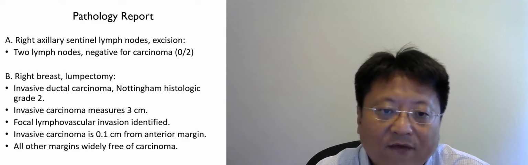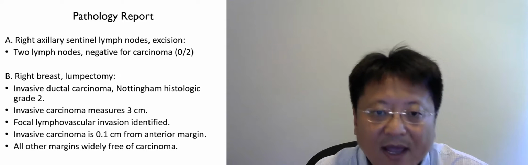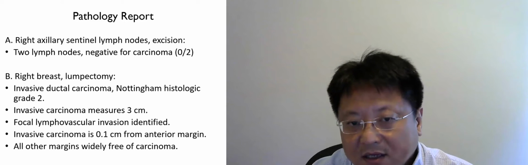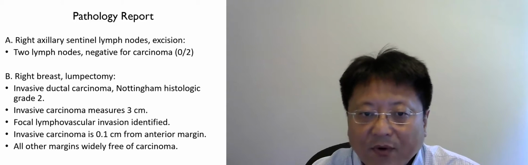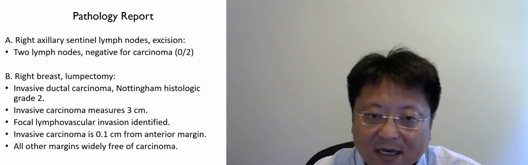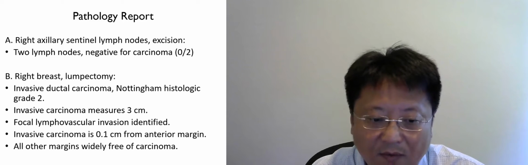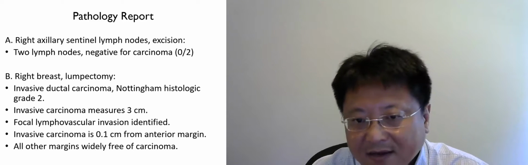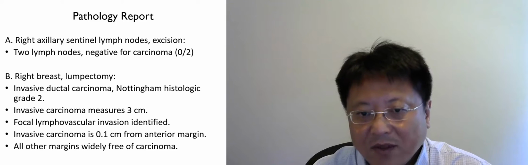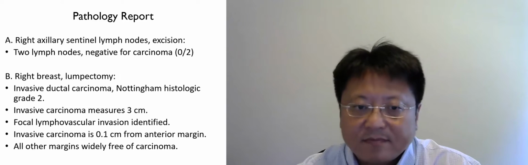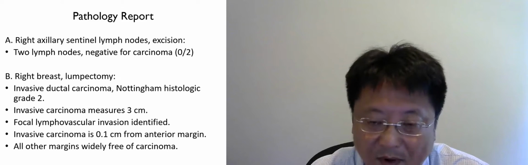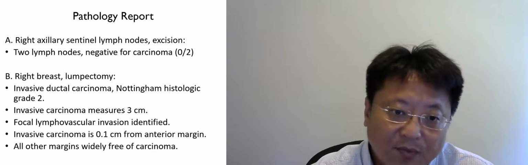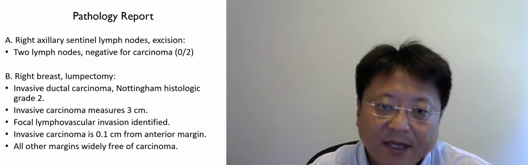We saw focal lymphovascular invasion. The tumor type, Nottingham grade, size, and lymphovascular invasion are all important prognostic factors that correlate with the patient's prognosis. And also we will report the margin status, which is very important for patient management.